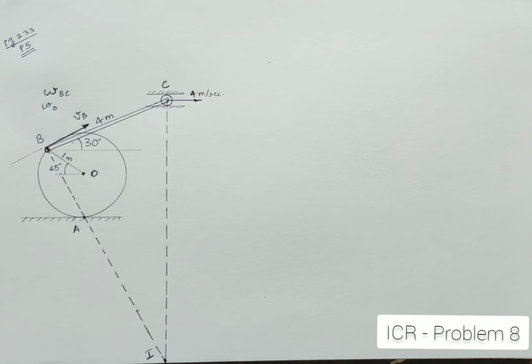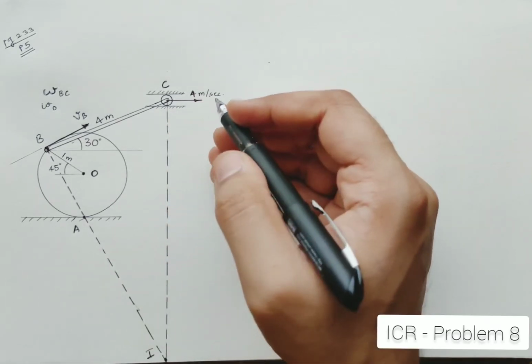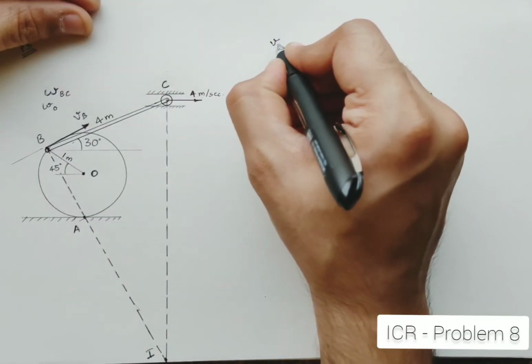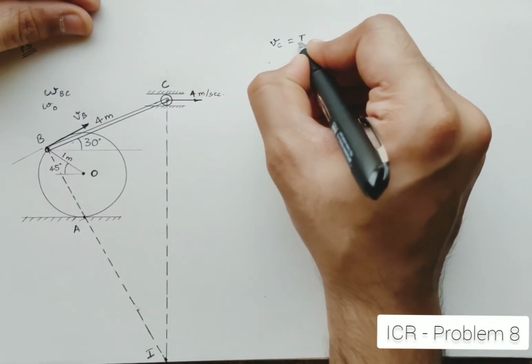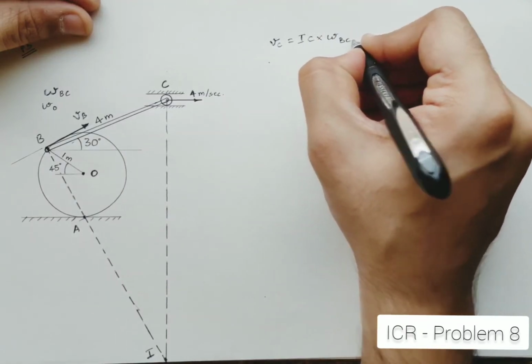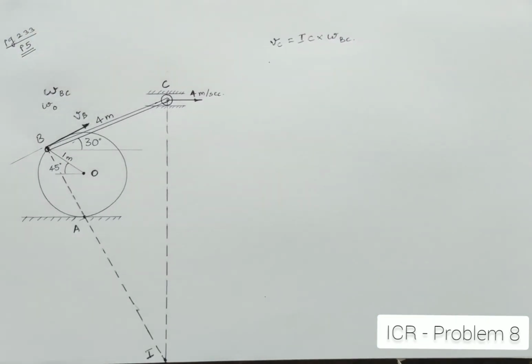Now this C velocity I already know, so over here I can say that VC is equal to IC into omega BC, but I don't know what IC is. For finding out IC, first I have to find out the angle.